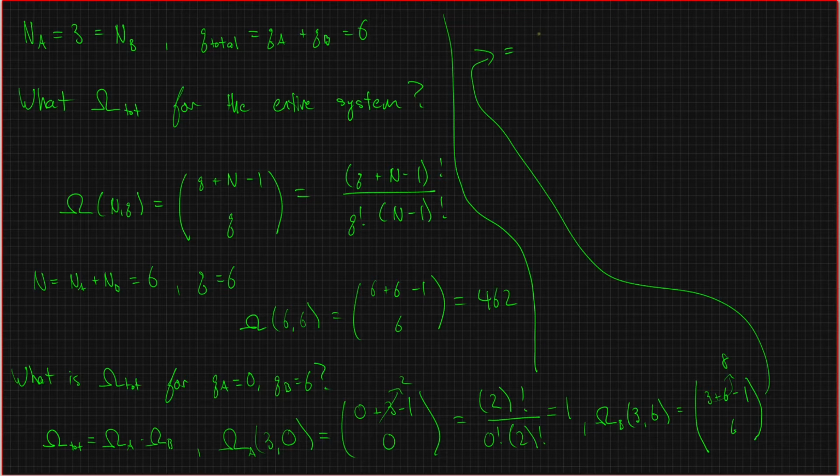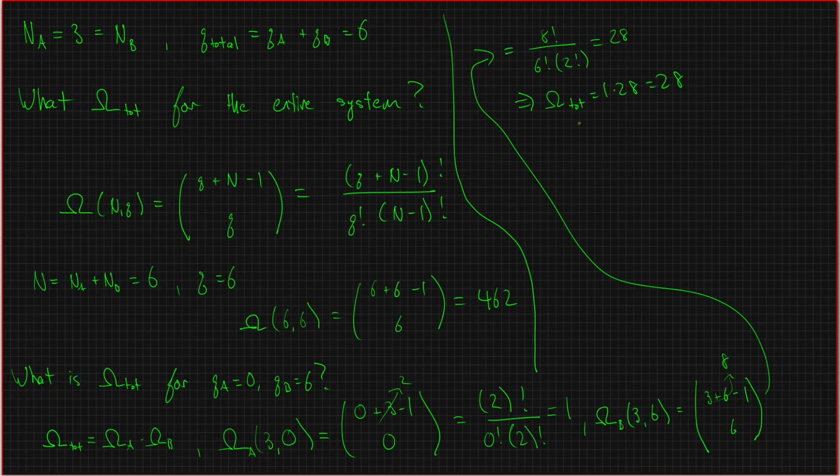So this is going to be 8 factorial all over 6 factorial times 2 factorial, since n is 3. I think I have that right. If I did that right, this should come out to 28. And so overall, omega total is just equal to 1 times 28. So there are 28 ways to arrange the total system such that it has this specific macro state.